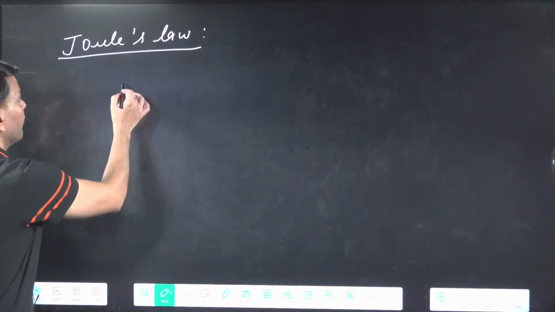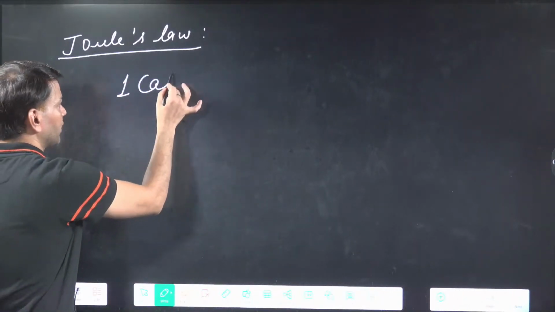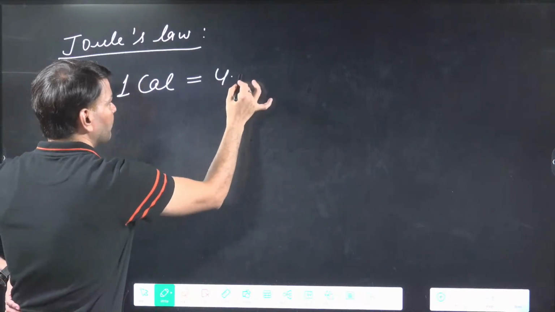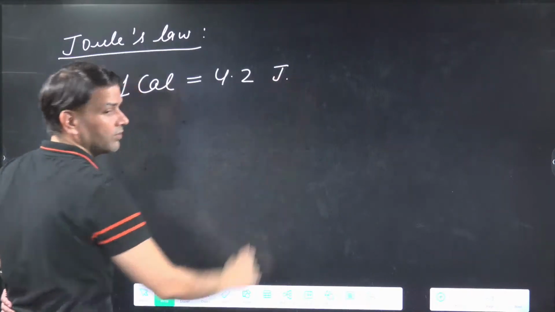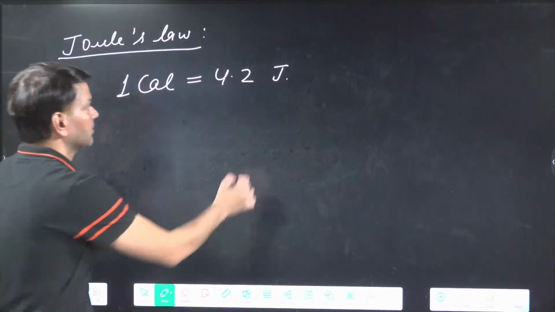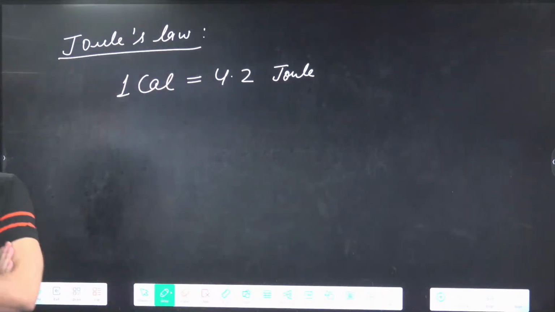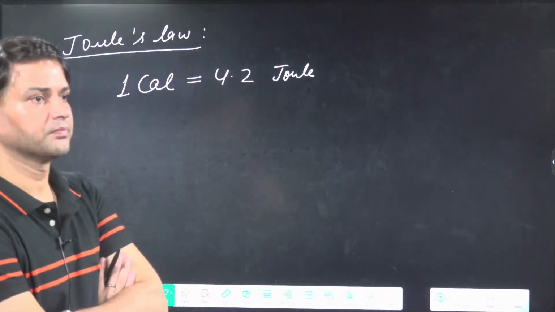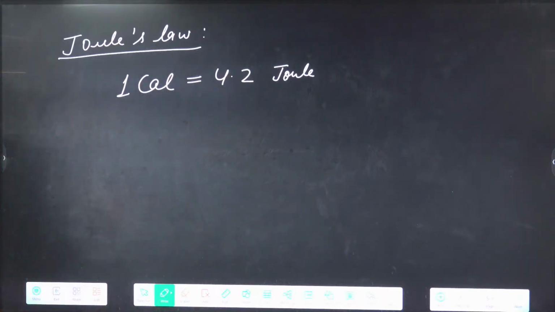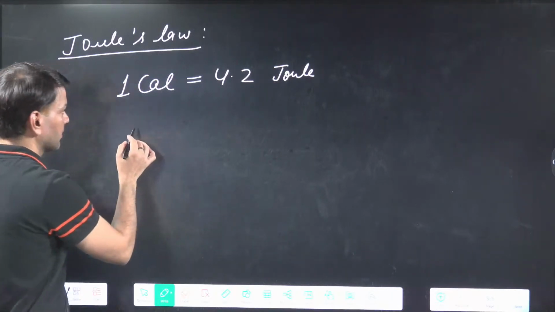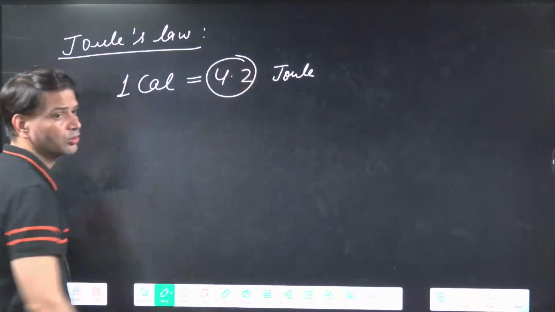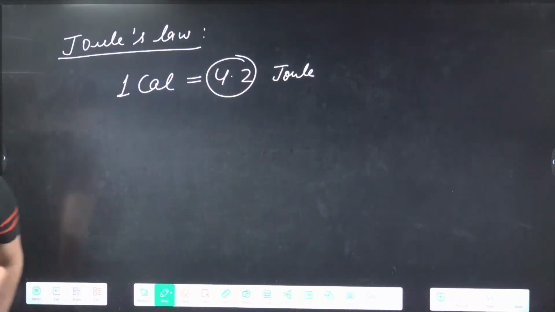So we know that to produce 1 calorie of heat, we require 4.2 joule of work. Yes or no? This value 4.2 is called the mechanical equivalent of heat.